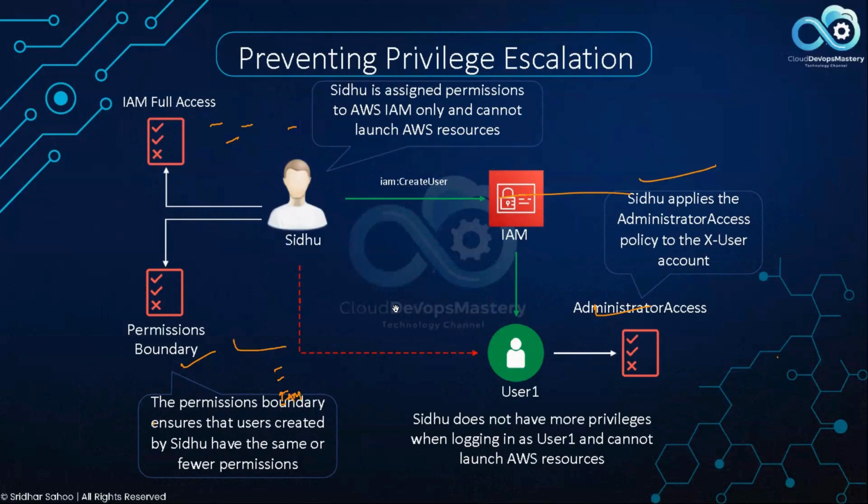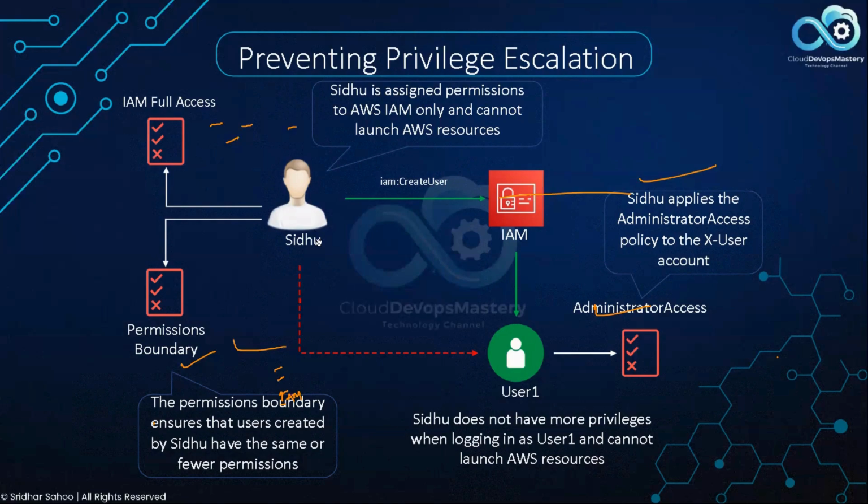Now, once we set the permission boundary for Sidhu, what he cannot do, though he has complete IAM full access, is create user one directly unless he sets the permission boundary.